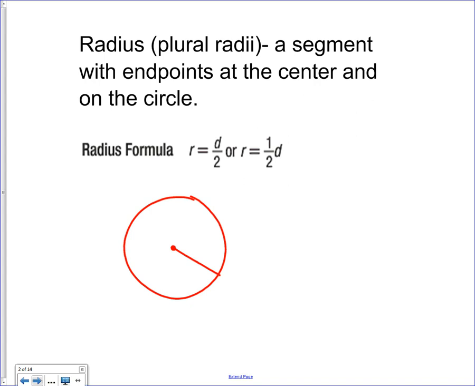We have our radius, and we have a diameter. As you can see, the diameter has points on the circle going through the center of the circle. It is made up of 2 radii. So a radius is 1/2 of the whole diameter. This whole green segment there is the diameter. It's made up of 2 radii. So again, 1/2 of the diameter gives you the radius.